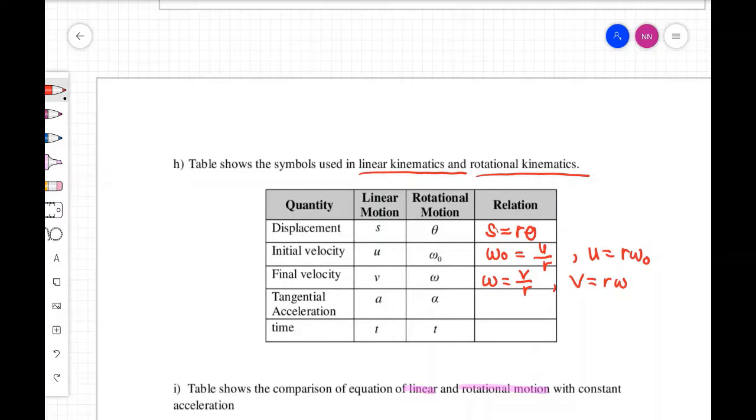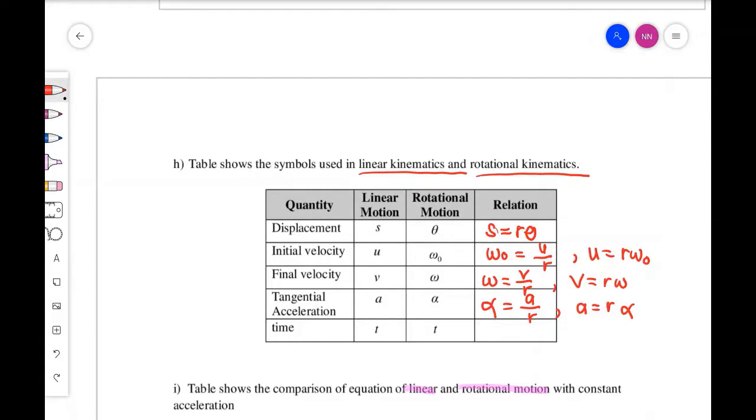And then tangential acceleration a. Dalam rotational motion dipanggil angular acceleration dan simbol dia adalah alpha dan relationship dia adalah alpha equals a over r ataupun a equals r alpha.